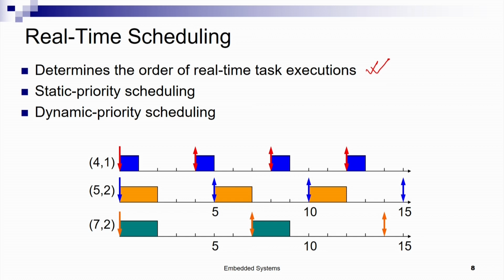For example, the tasks can be independent, where there is no dependency between them, or tasks could be precedence constrained, where the start or the completion of the execution of a task could be dependent on the output produced by another task. Hence, there is a precedence constraint, the execution of one task must precede the other.